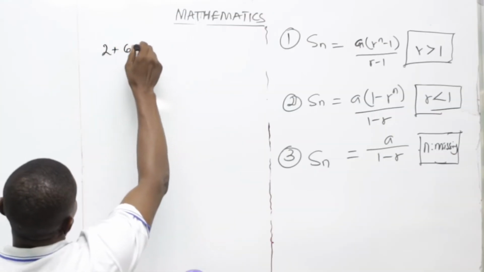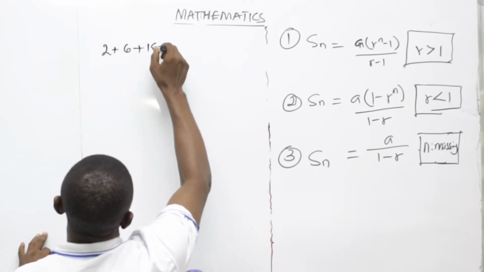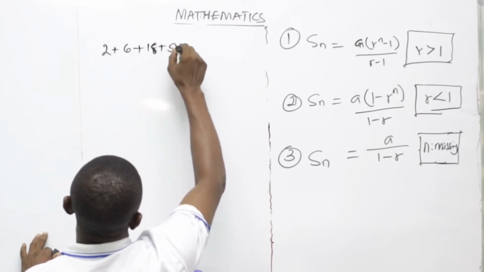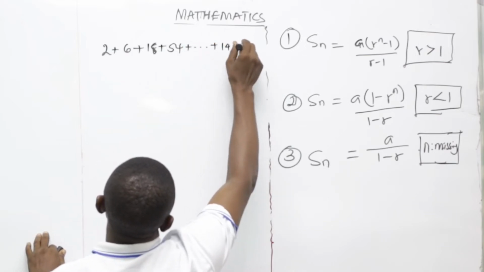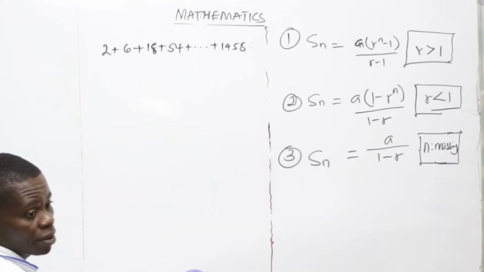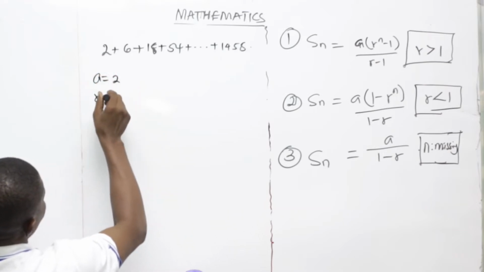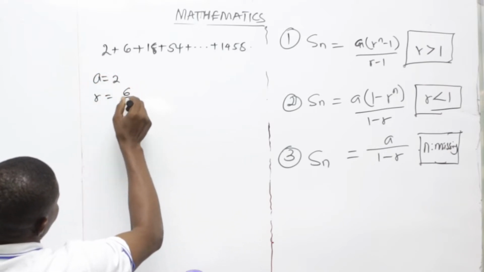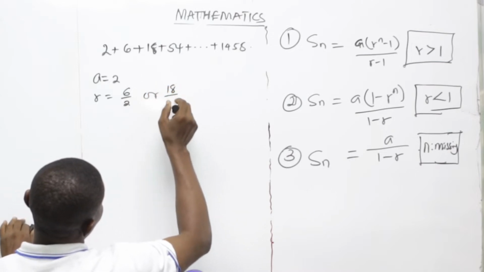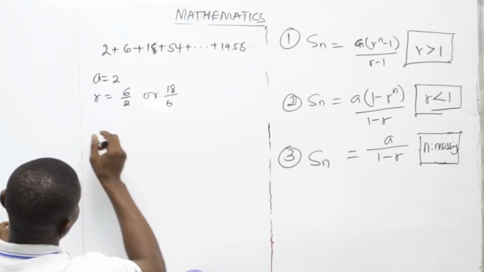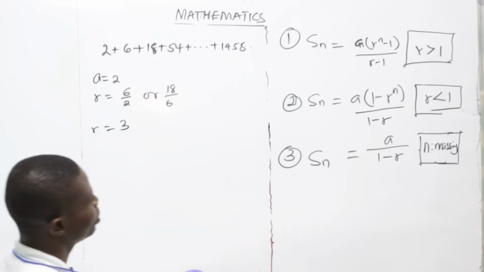A equals 2. R equals, I told you, second number divided by the first, or the third divided by the second. That is R is 3. You can see they are all 3.